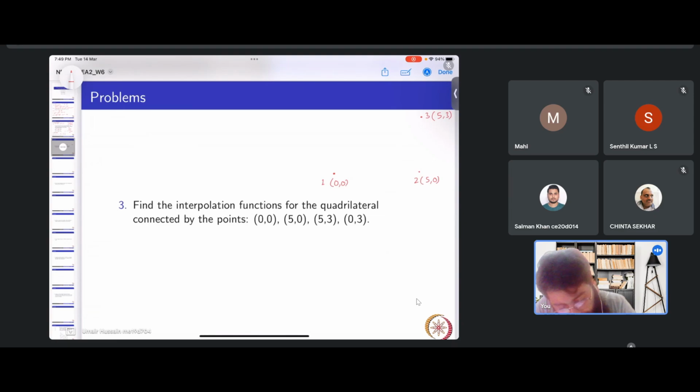And then we have our fourth node as 0, 3. So we have this rectangle element and we need to find the interpolation functions.